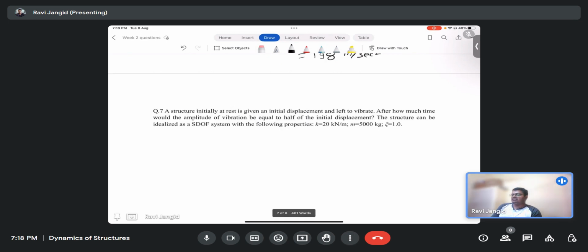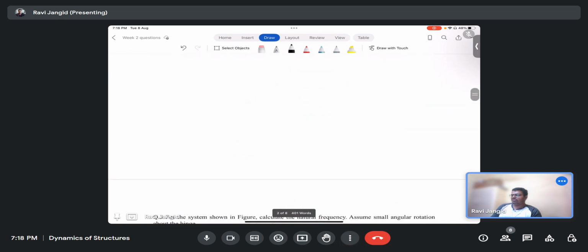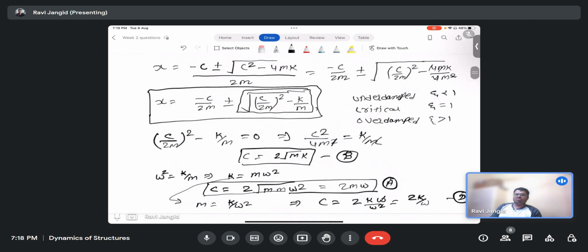As we discussed in the first question itself, these are the roots for the damped system.